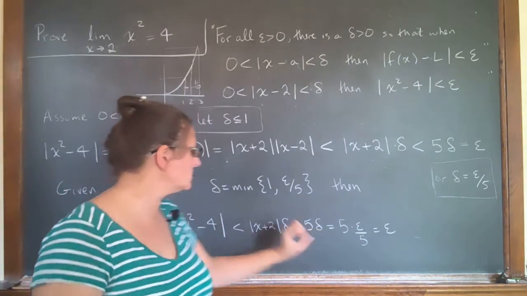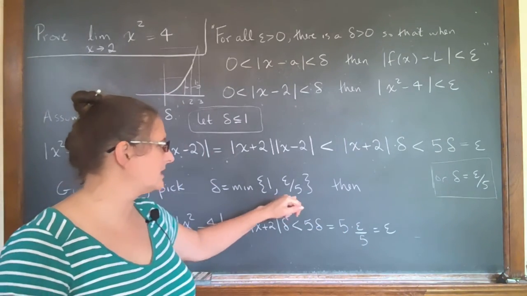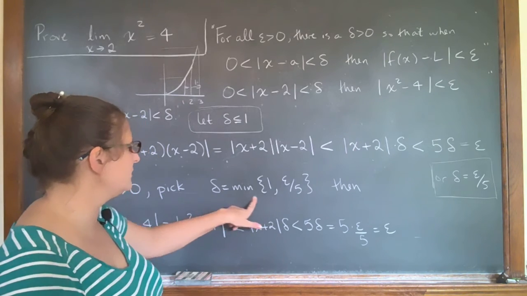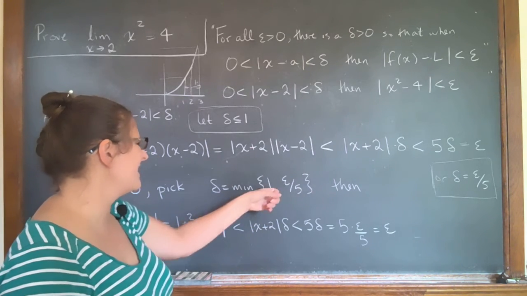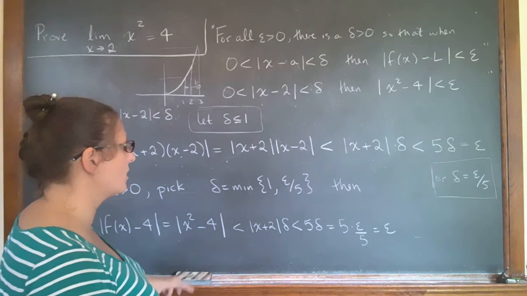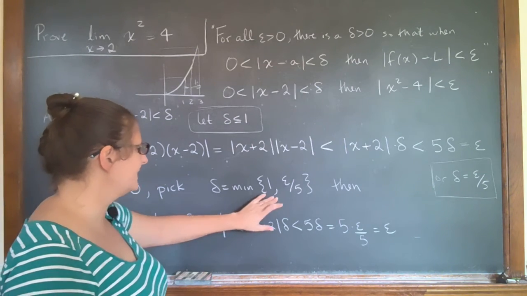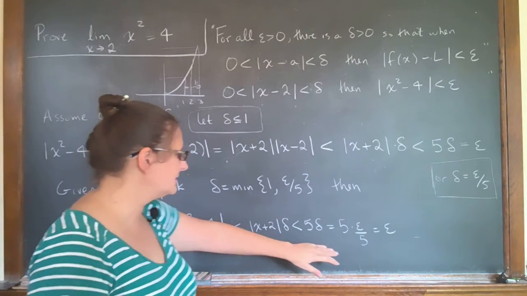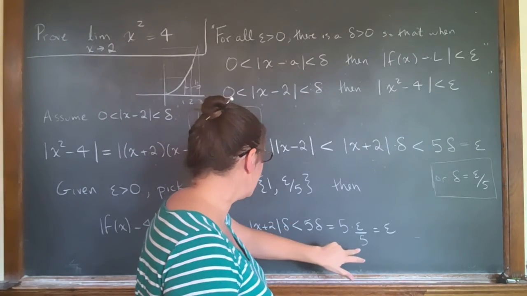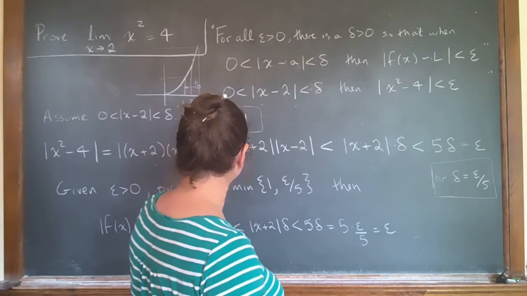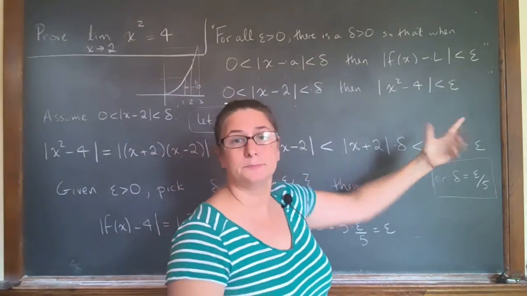As epsilon is going to 0, I need to see that delta is going to 0 too. So eventually my delta is going to be less than 1, and I don't even think about that 1 anymore. I just want to make sure that it's in there so that I can see why I used it to get my bound. That's all.